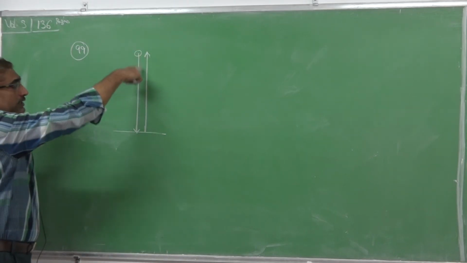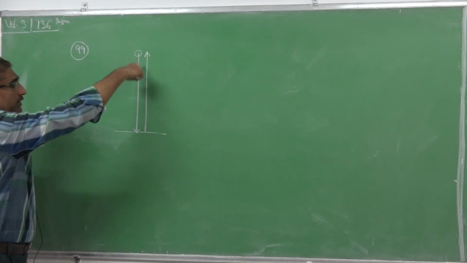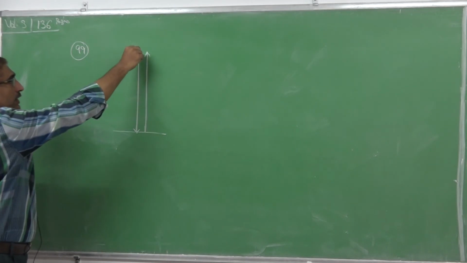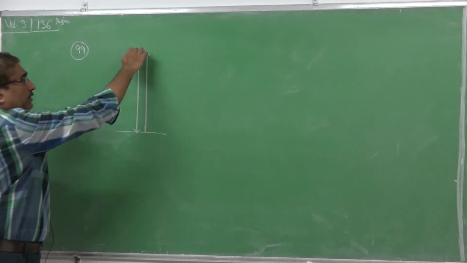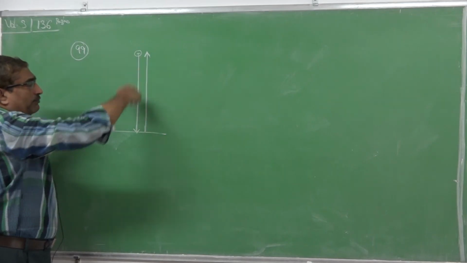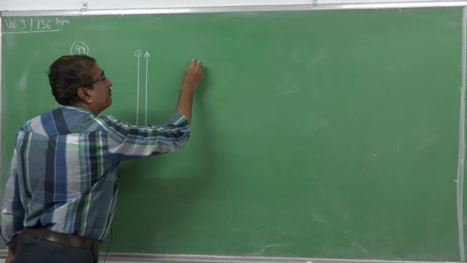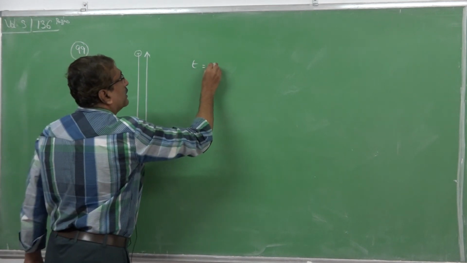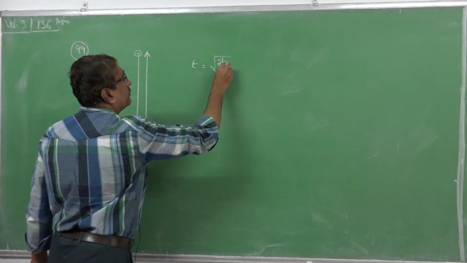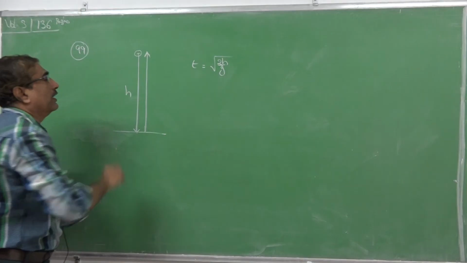So in this way, this ball makes vertical oscillations. From this position to hitting the ground and again rebounding to the same position, it is oscillating. The time of fall from this position to the ground is square root of 2h by g, if h is the height.